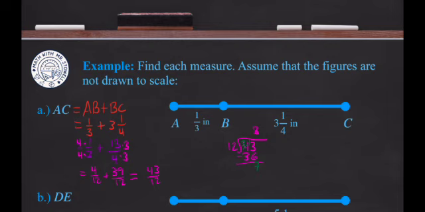So in other words, it goes into it 3 times with 7 remaining and 12 as the denominator. And that is how many inches across this line is. It's 3 7/12 of an inch. Remember, adding the two segments together to equal the large segment.